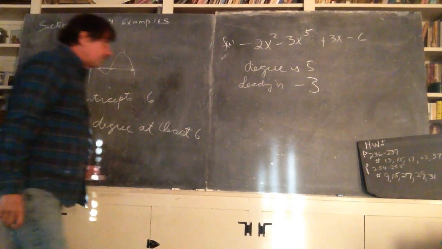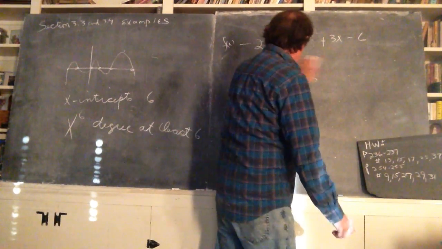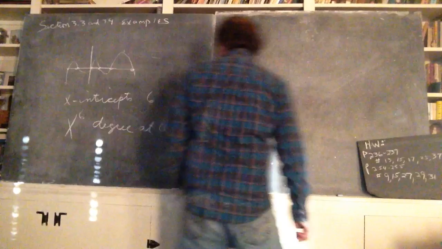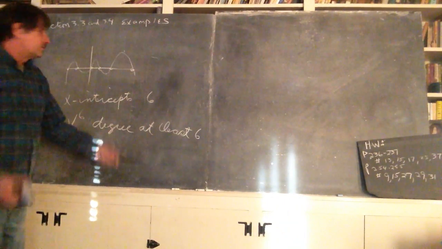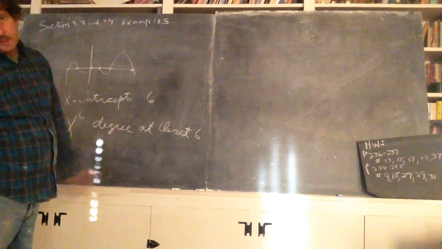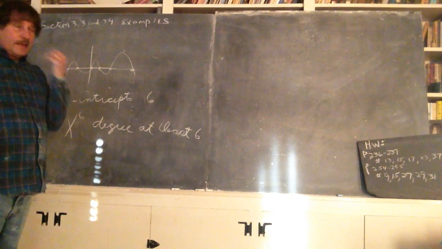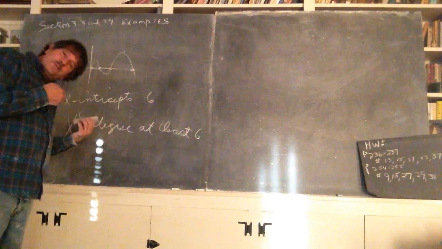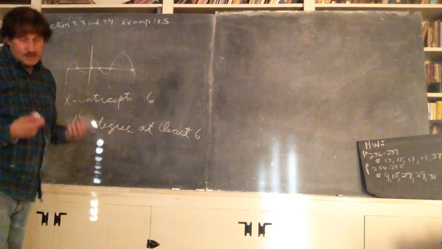Factored form. So what we're trying to do with all these things is find the x-intercepts. The entire chapter is about trying to find these x-intercepts. Solve for x. That's why in the last particular section we concentrated so much on the quadratic formula. That's solving for x.